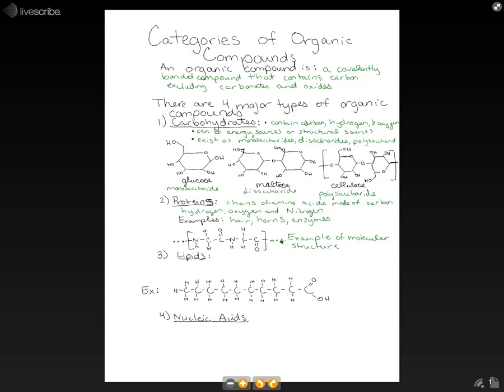The next type of organic compound we're going to talk about is lipids. Lipids have a large number of carbon-hydrogen bonds. They're usually nonpolar in their bodies, and they have a polar head.